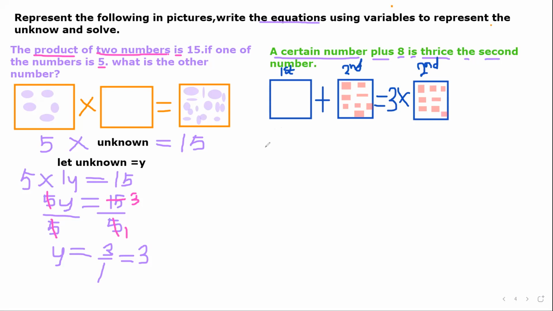Then you translate them into an equation. So the first one here plus 8 equal to 3 times 8. Okay, good. The first one we don't know, so you write unknown.